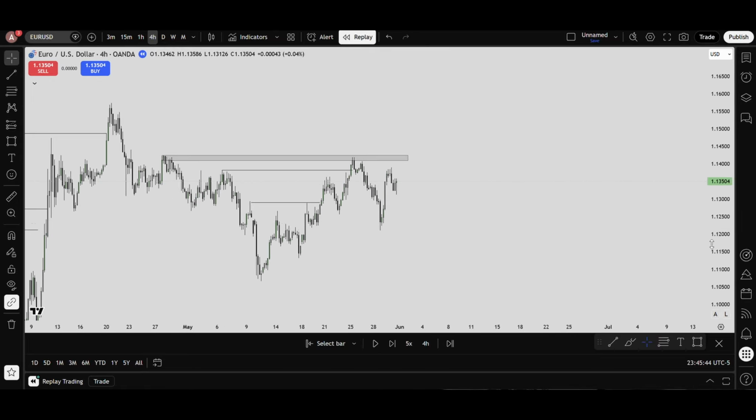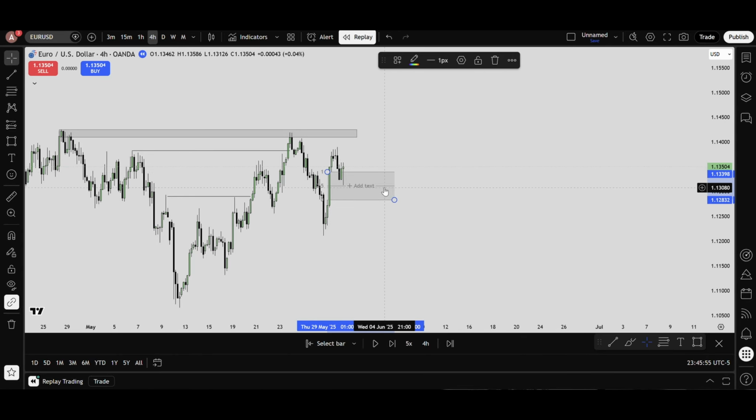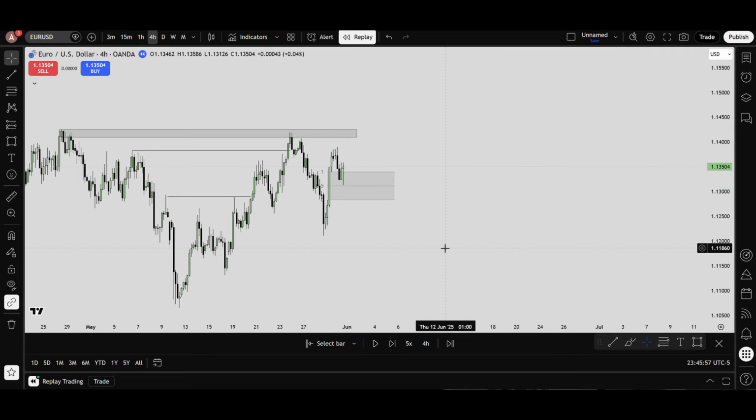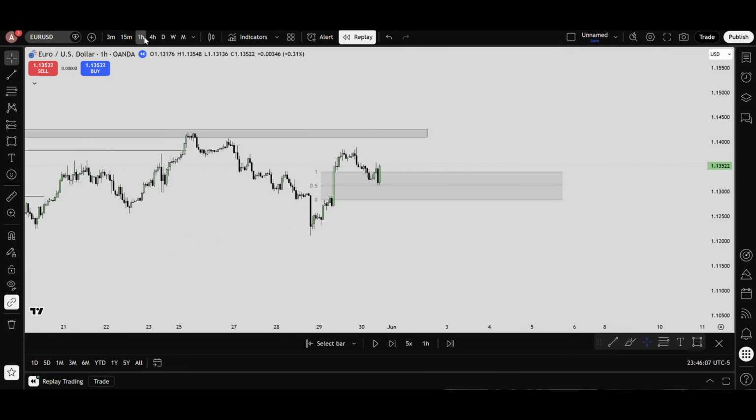And I will focus more right now on the recent price movements, and I will highlight this imbalance over here. So this could become our entry zone in future. Now, as we highlighted all the zones we are interested in, we can move to the 1-hour time frame. And here we can define our target more cleanly.